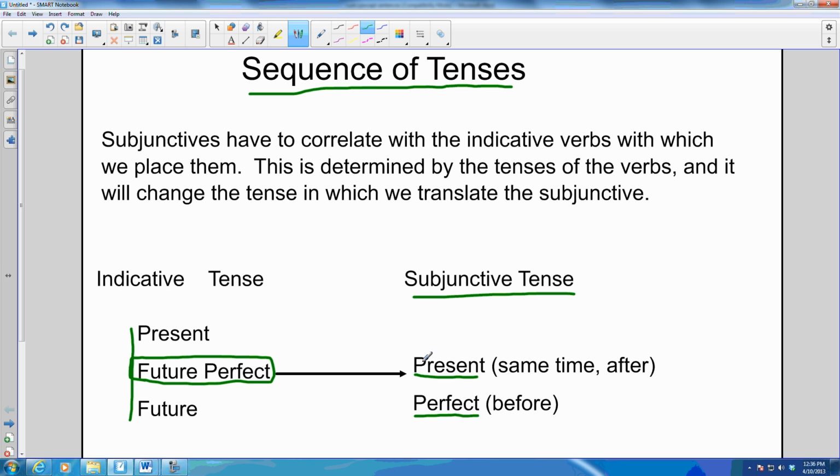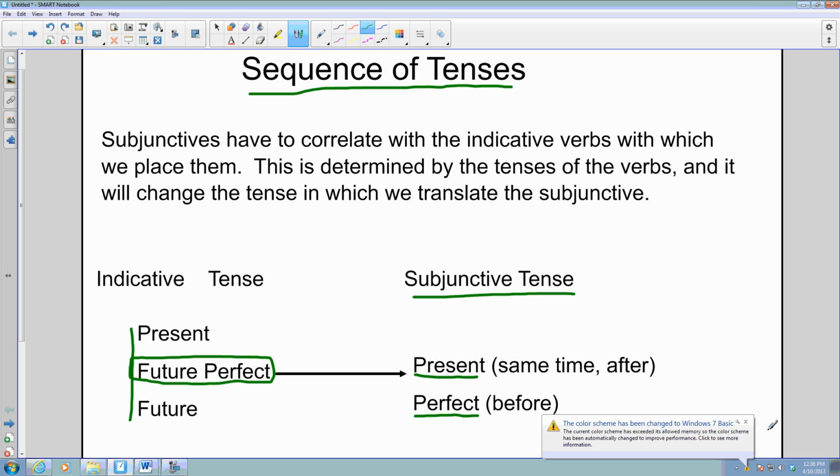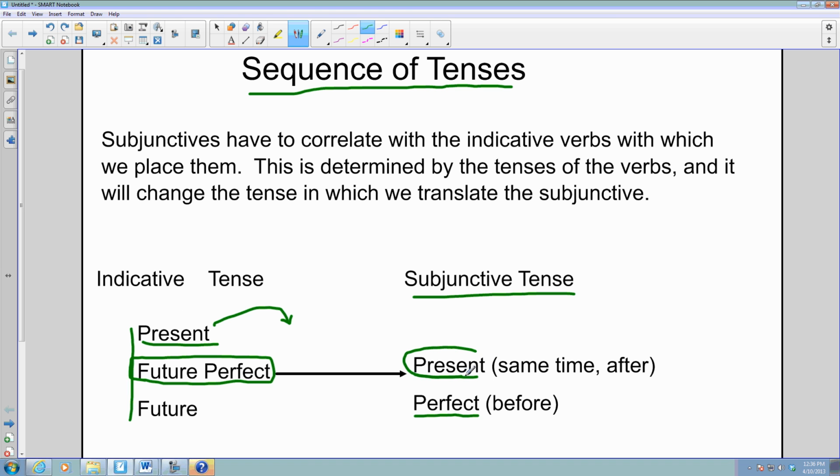To translate the subjunctive, just because it's present tense doesn't mean that we're going to translate it into the present tense. You're going to translate it into the same time or after the main verb. So if the main verb is in the present, then anything that happens after the present or the present tense itself, we can translate using the present subjunctive.